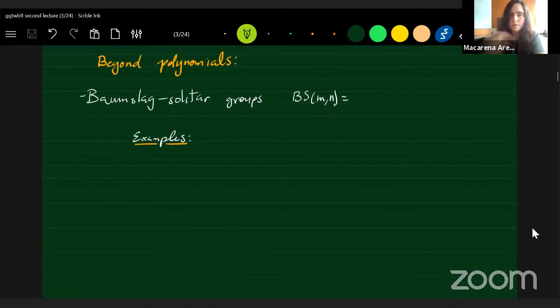So the example we're going to focus on first is Baumslag-Solitar groups. We mentioned Baumslag-Solitar groups yesterday when I was mentioning examples of groups that are not hyperbolic. Let me remind you of the presentation. They have two generators and one relation.